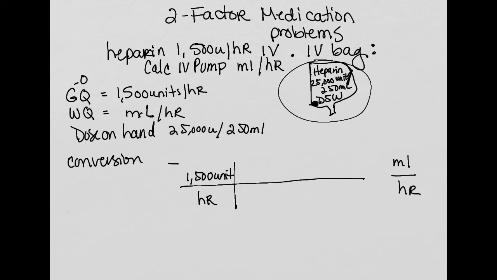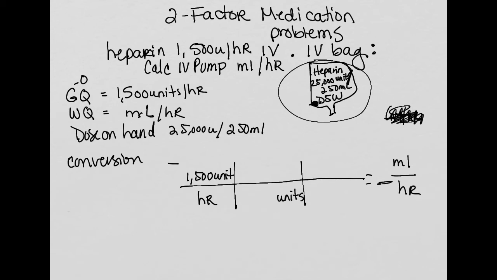In the two-factor medication problem, that's mLs per hour. Okay, so that's what I want to figure out. Now I need to convert. Somehow I need to get something in units here to convert.